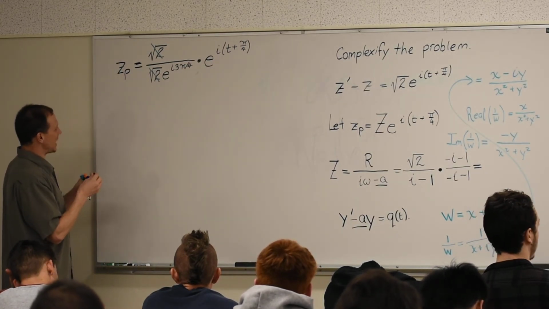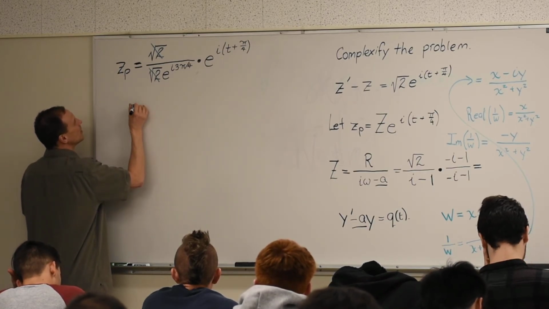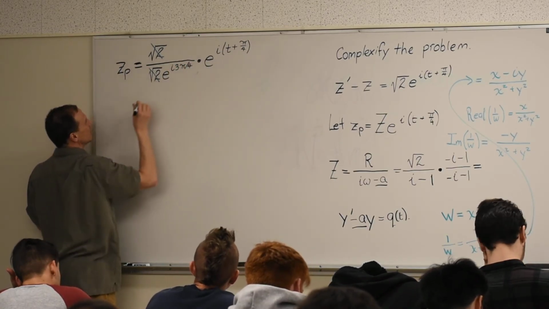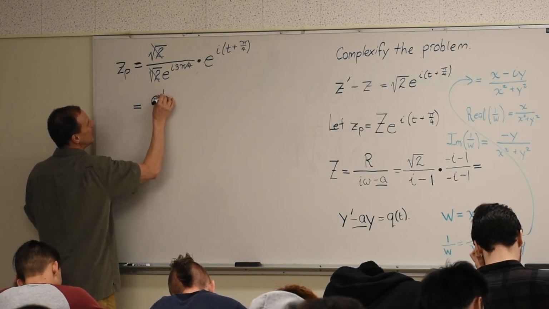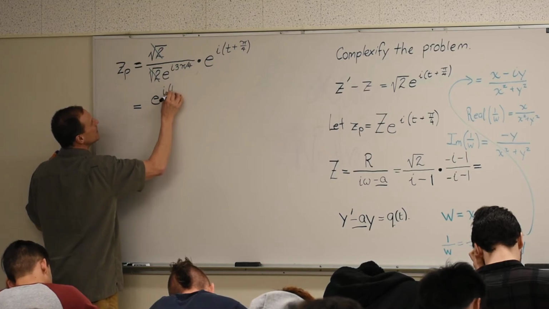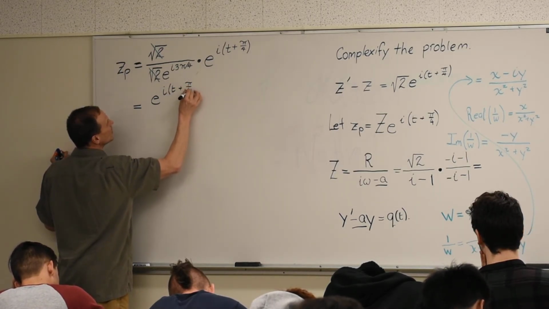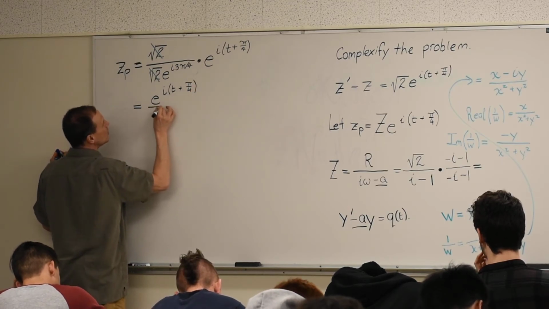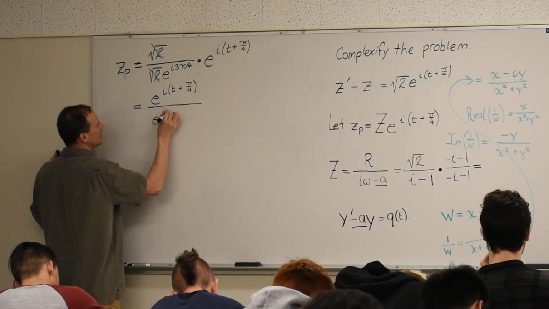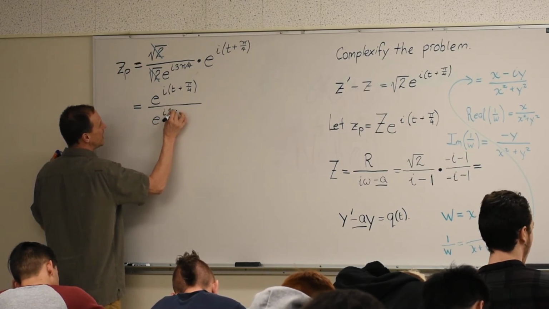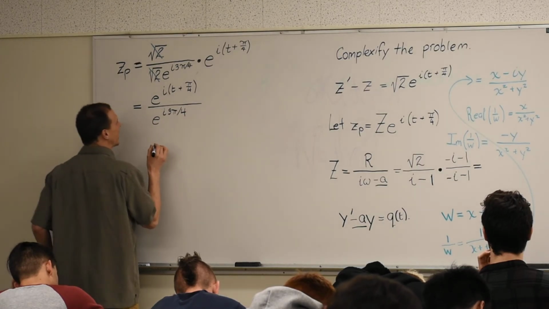So I'm going to write two steps. Remember, this e is in the numerator. So I'm left with e to the i t plus pi over 4 over e to the i 3 pi over 4. And now we just subtract the exponents.